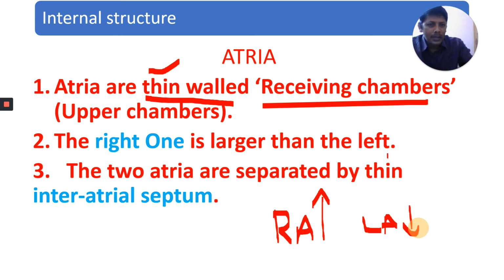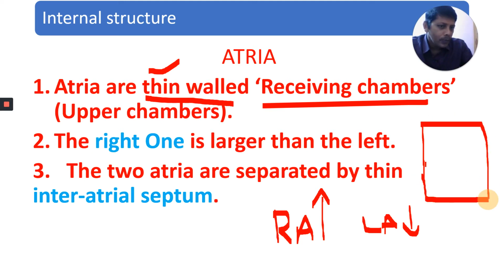If you assume this as our heart, in between the two atria, this is the right atrium, the larger atrium, and this is the left atrium. In between these two, there is a wall. This is called IAS, interatrial septum.